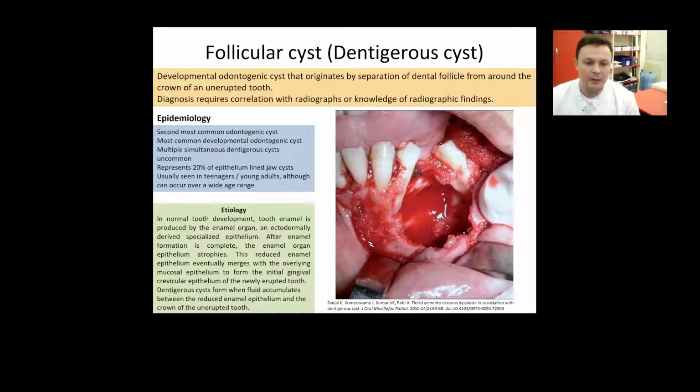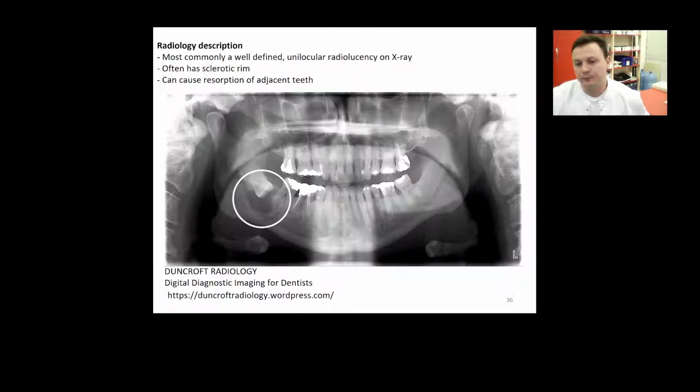This reduced enamel epithelium eventually merges with the overlying mucosal epithelium to form the initial gingival crevicular epithelium on the newly erupted tissue. Follicular cysts form when fluid accumulates between the reduced enamel epithelium and the crown of the unerupted tooth.